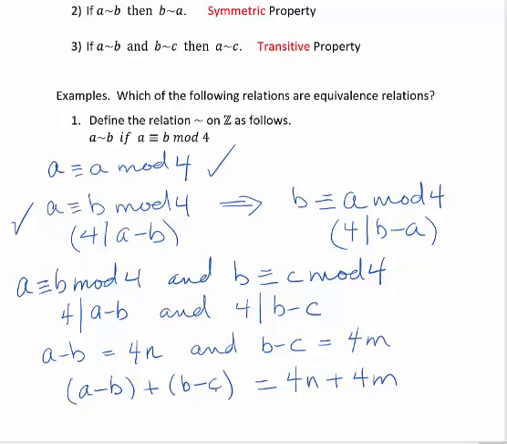If we take the parentheses off, the B's cancel, and factoring out the 4, A minus C is equal to 4 times the integer n plus m. So A is congruent to C mod 4, and we have the transitive property. So the relation is an equivalence relation.